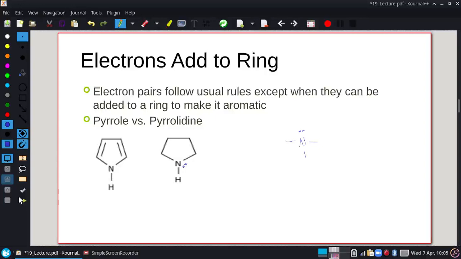But on pyrrole, the better place to put those electrons is in the ring, because it would make that ring aromatic. Thus, those lone pairs are not the nitrogen's alone. They help make the ring nucleophilic, and we get drastically different properties and even reactions. And this one's not nearly as basic.